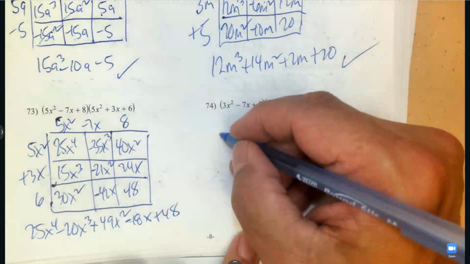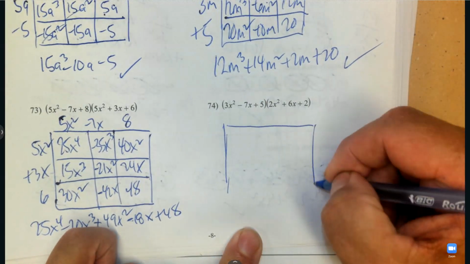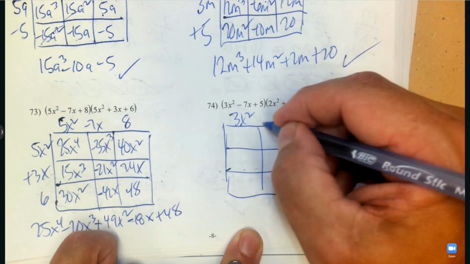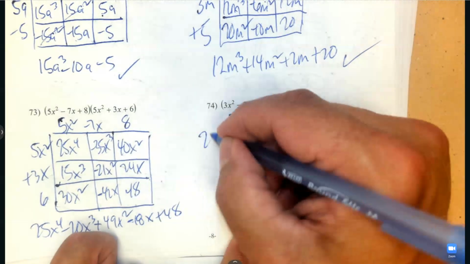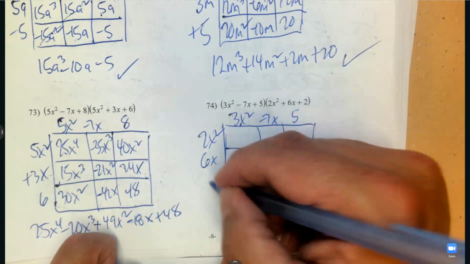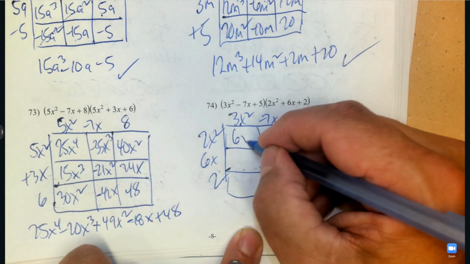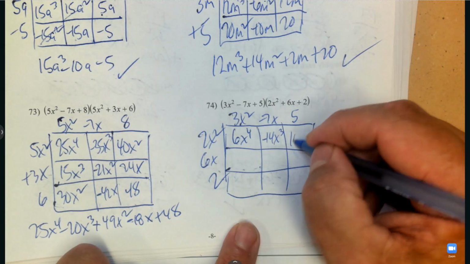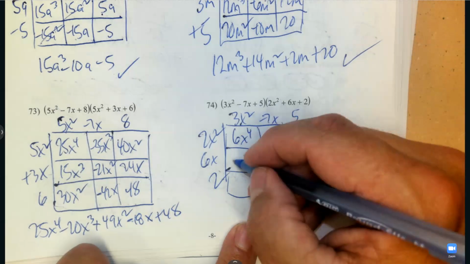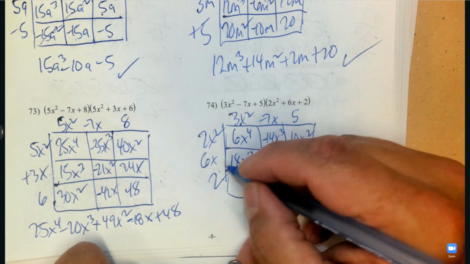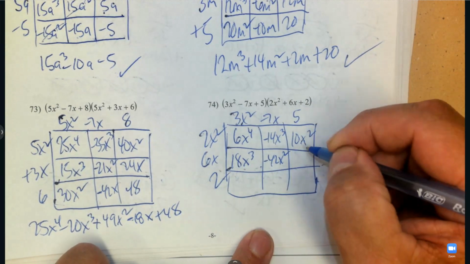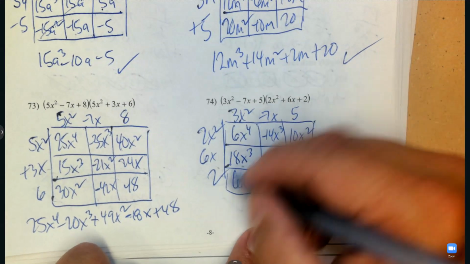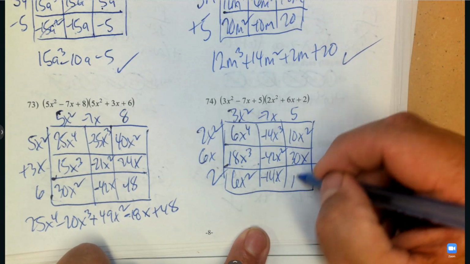Last one like this. So we have 3x squared minus 7x and 5, 2x squared, 6x and 2. So multiply it, that's 6x to the fourth, negative 14x to the 3, 10x squared, 18x to the 3, negative 42x squared, 30x, 6x squared, negative 14x, 10.